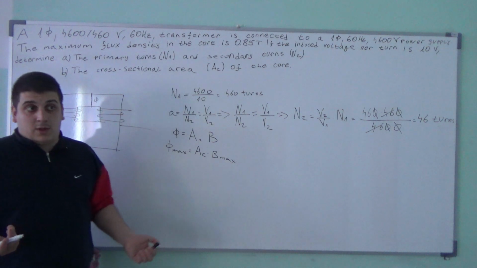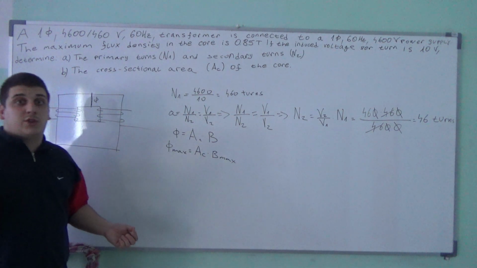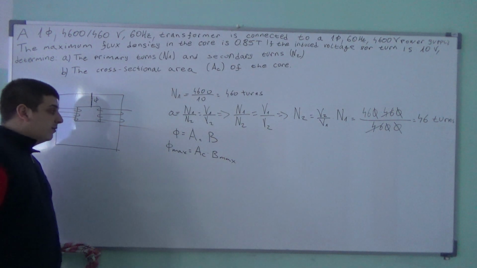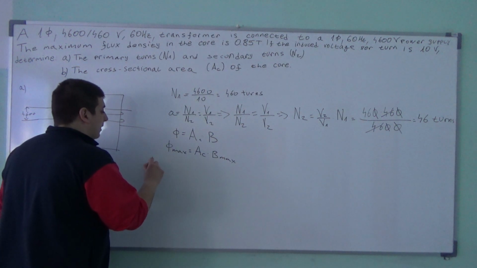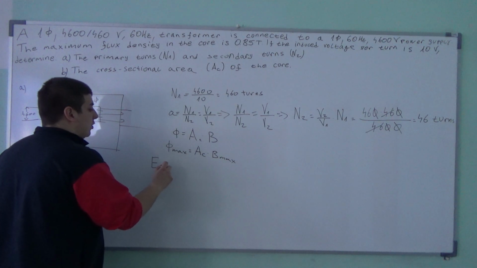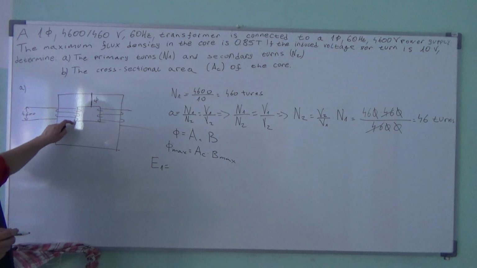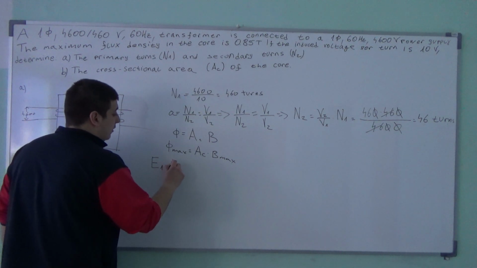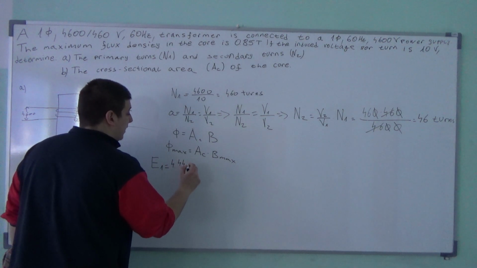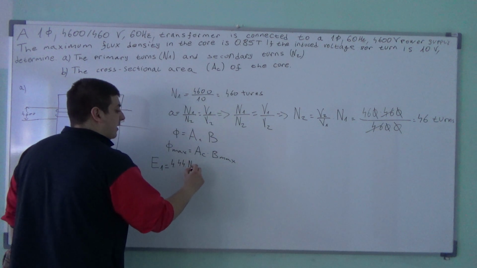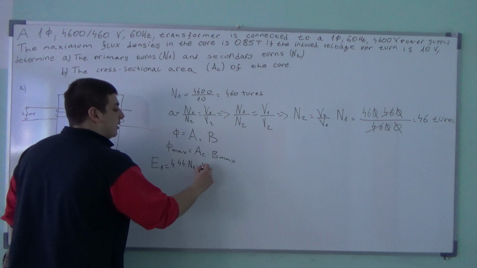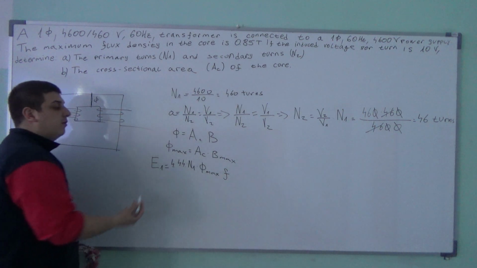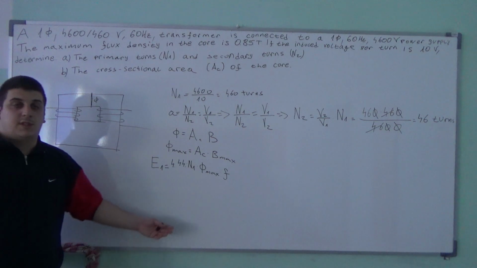No, but there is one formula which I have already shown to you, that the induced voltage on the primary side, the induced EMF E1, is equal to 4.44 times N1 times flux maximum times the frequency of the system.